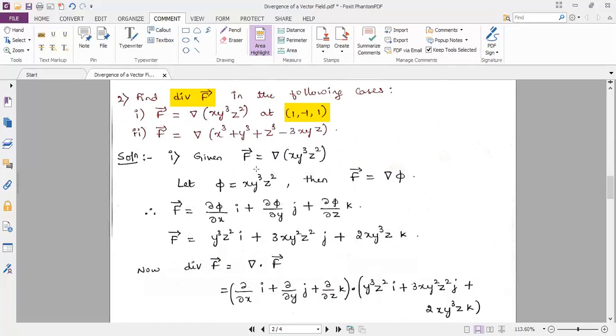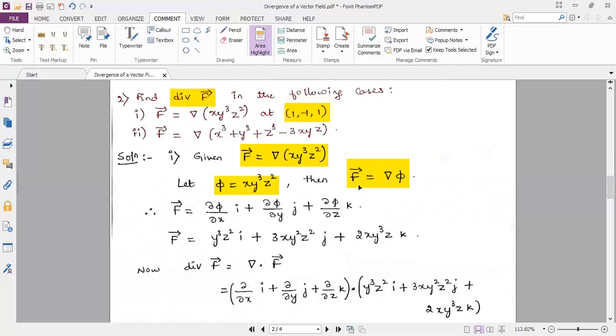So for the first question, it is given as vector f is equal to gradient of x y cube z square. So the bracket expression, that is x y cube z square, we will denote it by phi. So that we have the given expression in the form vector f is equal to grad phi.